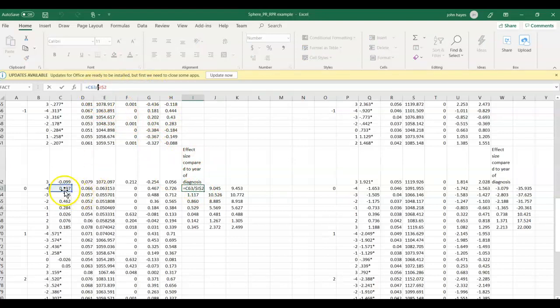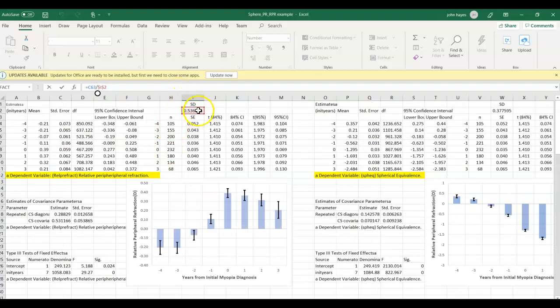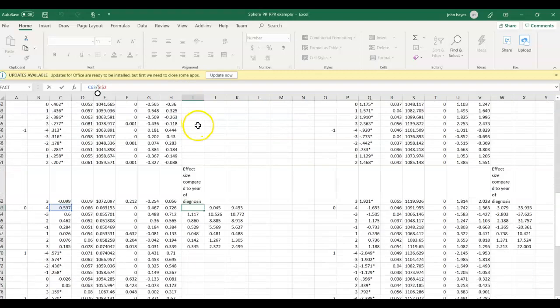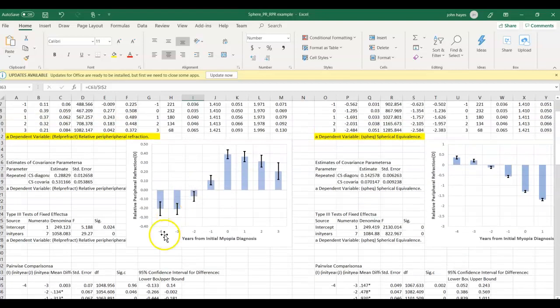And you can see it's the difference between the means divided by the standard deviation. We do that for each of the years, and we see that we're at over a standard deviation for years between 0. So the idea is that growth compared to 0, it's these two compared to this one.